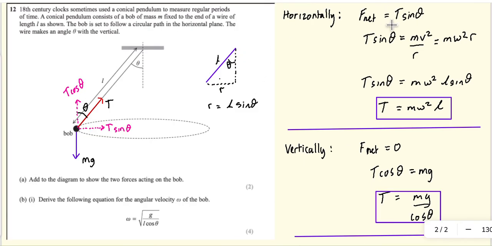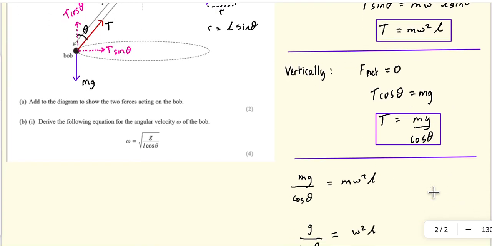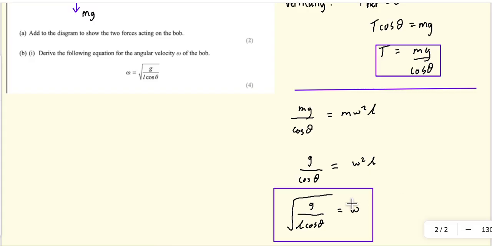There's a net force of T sine theta, which is responsible for circular motion, and then vertically there's no net force, and that is responsible for the object remaining in that position in the vertical direction. Combining those two expressions, I end up with omega equals root g over L cos theta there.